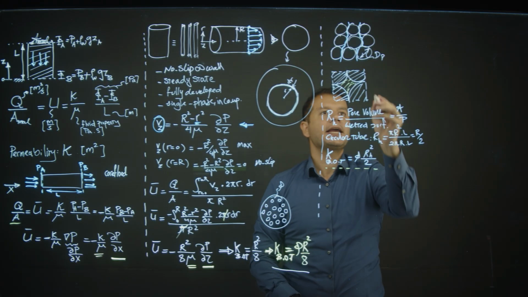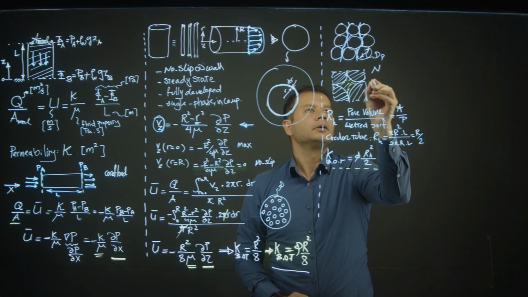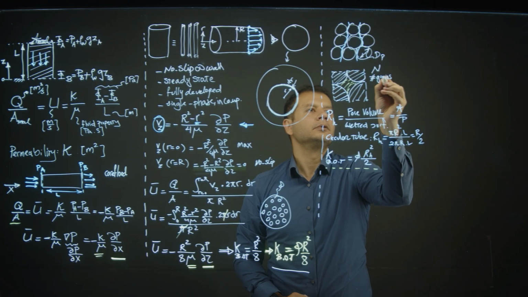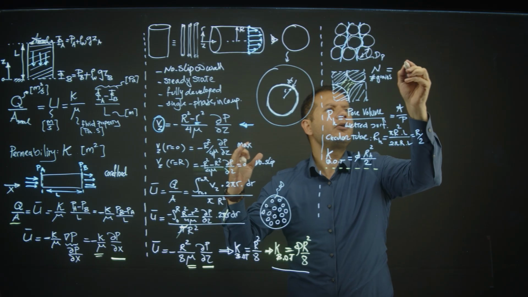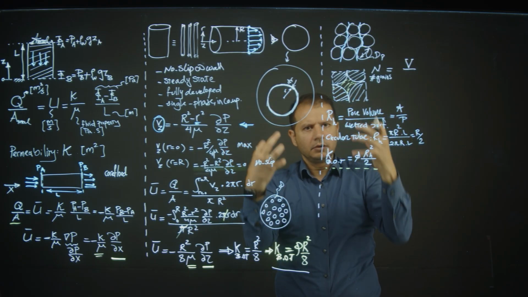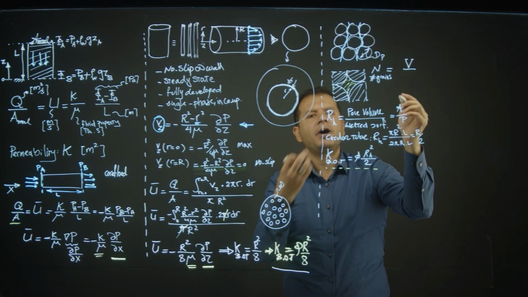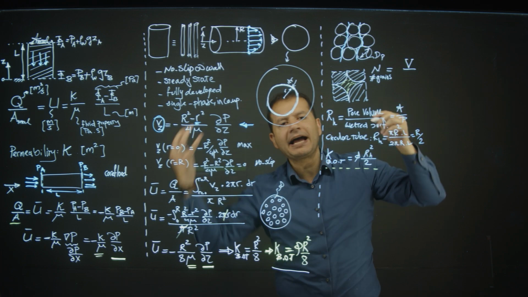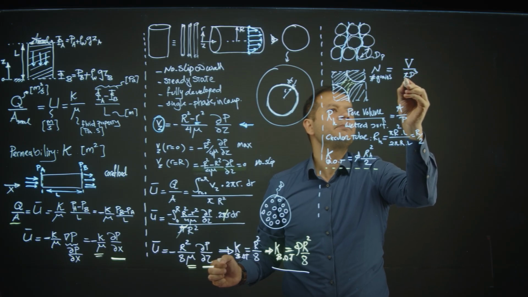Let's call it N. If the entire volume was available for spherical grains, the volume divided by each grain volume would be the count of all the grains, which is V over pi d cubed over 6.